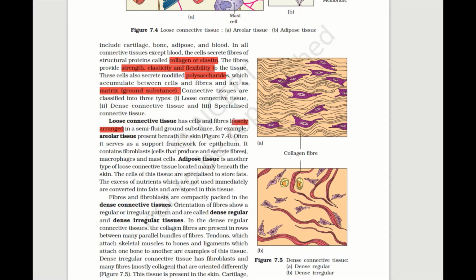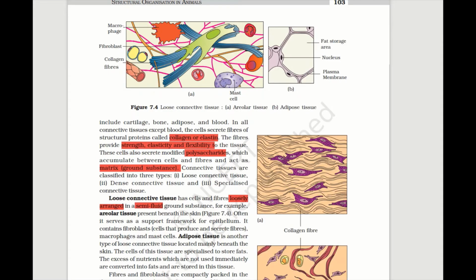The arrangement of cells and fibers, whether made of collagen or elastin, is loose, and it is found in a matrix which is semi-fluid. What example do we have here? We have areolar tissue, which is present beneath the skin, as an example of loose connective tissue.